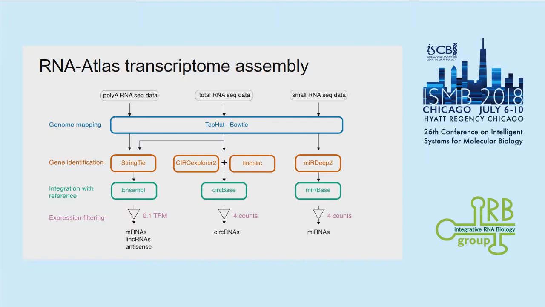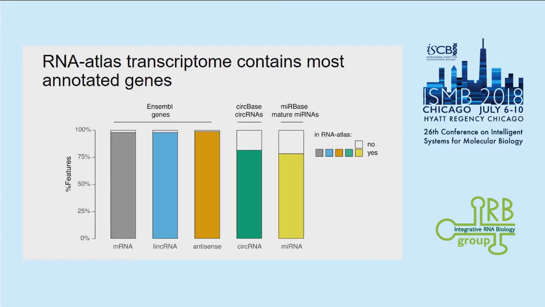These are long linear RNAs, circular RNAs, and microRNAs. And we also applied a first expression filtering to filter out unreliable, lowly expressed transcription.